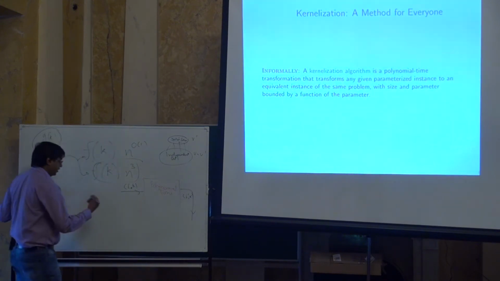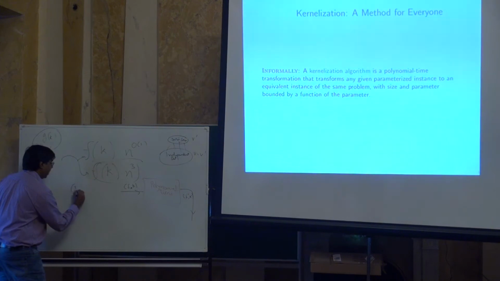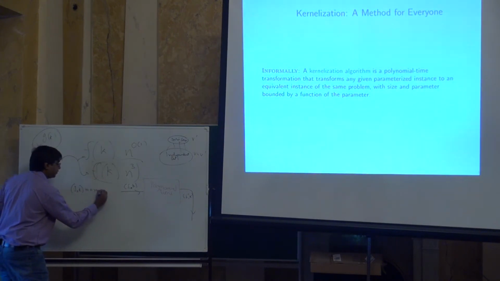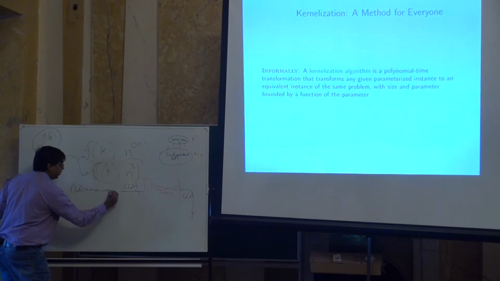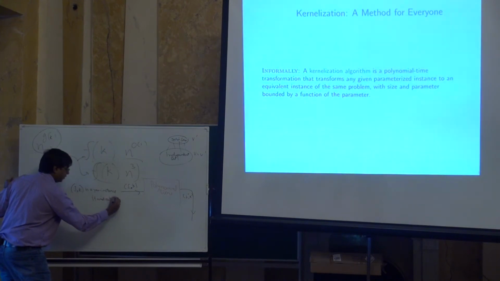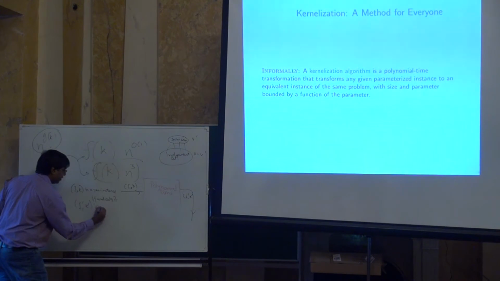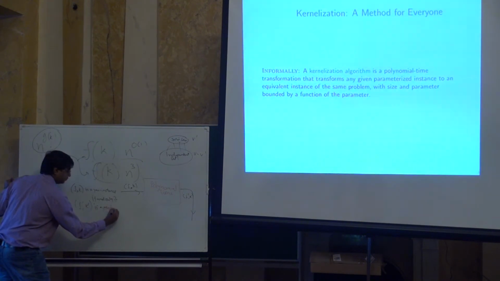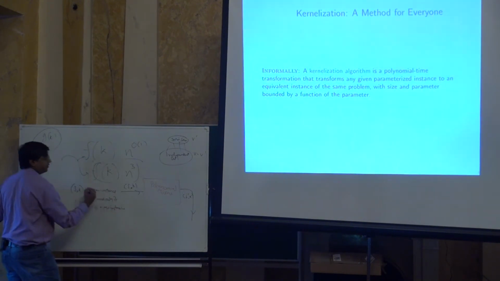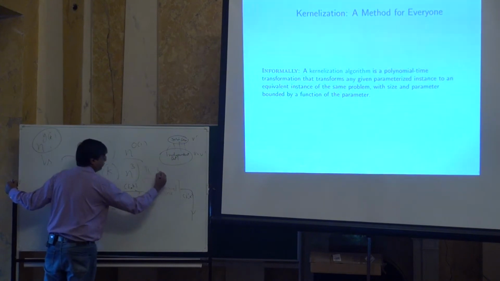Which in other words, scientifically, says that (I, k) is a yes instance if and only if (I', k') is a yes instance. And we have fixed some problem, Pi or language, whatever you want to call it.